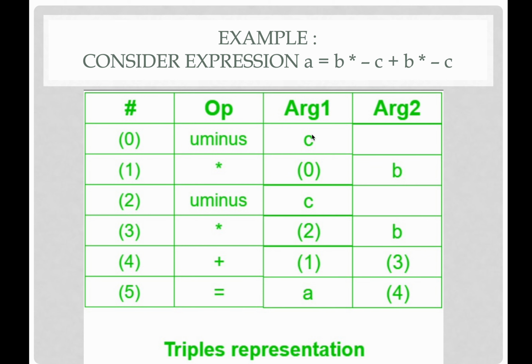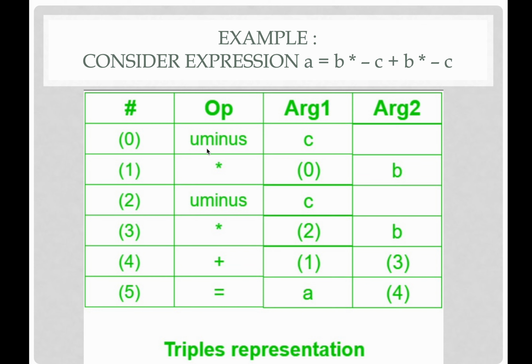Here argument 1 is operand 1, and the operator used in the three address code will be represented here. The next operand used in the three address code will be represented as well.